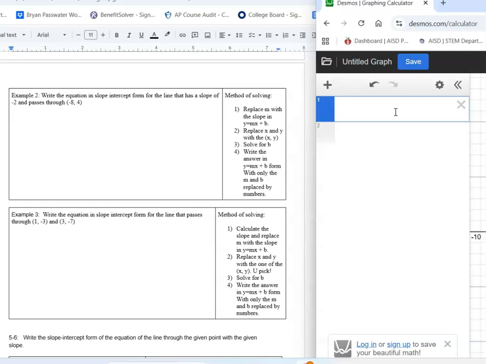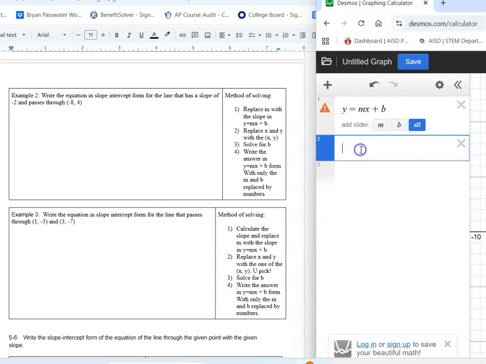Okay, so the formula is y equals mx plus b. That is it, right? The m is slope, b is y-intercept, and what's the x and y? The x and the y are actually the coordinate, like -8 is x and 4 is y. And it's not just -8, 4, but it's literally every single coordinate that is on the line that we're going to make from this.